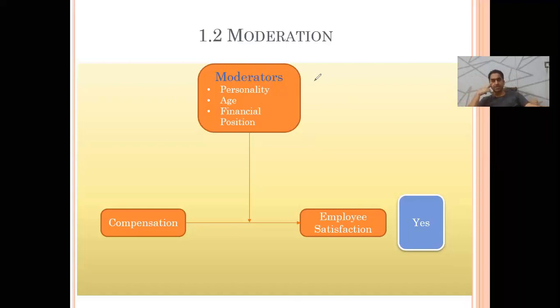So the answer is yes. But my second question is, do you believe every time compensation is going to have a positive impact on employee satisfaction? So the answer is probably no, not every time, or it depends. If it depends, then depends on what? It depends on maybe these factors, but not limited to these factors.